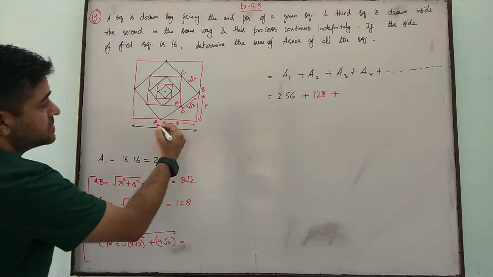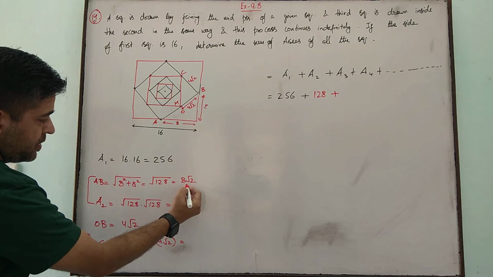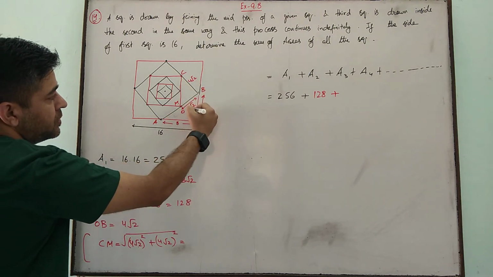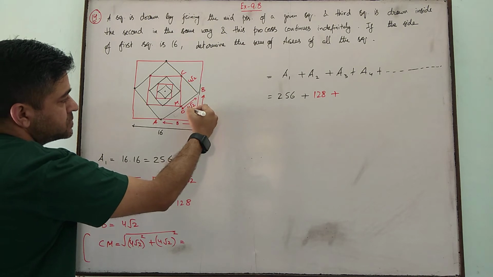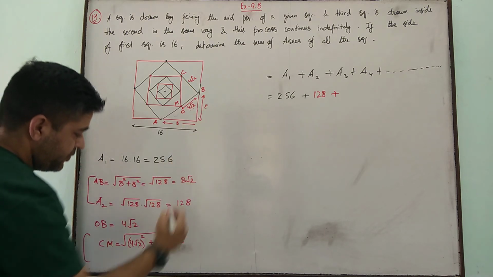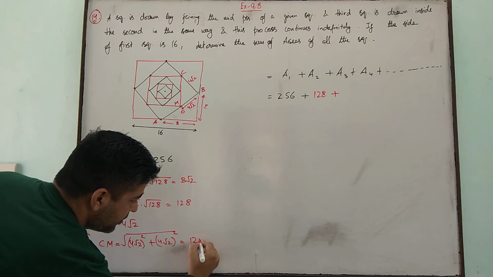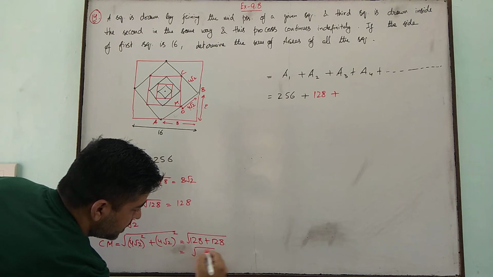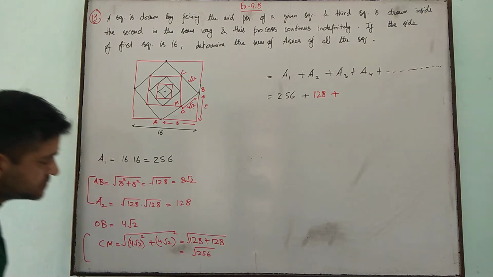So your OB, this is 8 root 2, and this is 4 root 2, 4 root 2. 4 root 2 square will be 128 plus 128 and its under root, that is under root of 256.